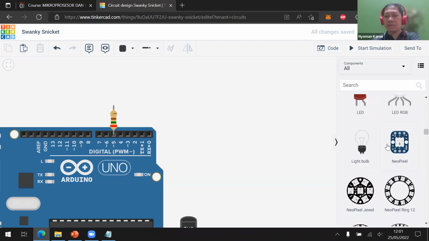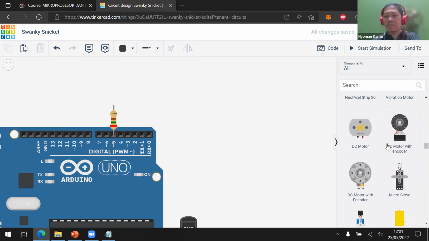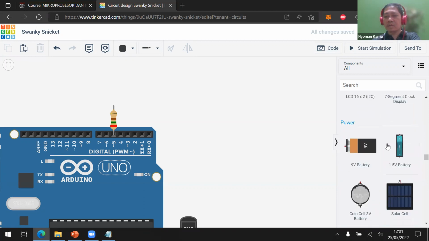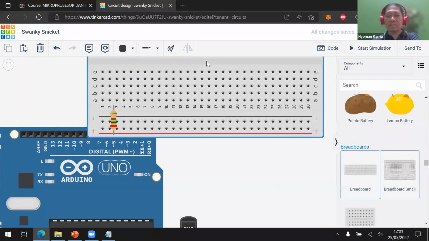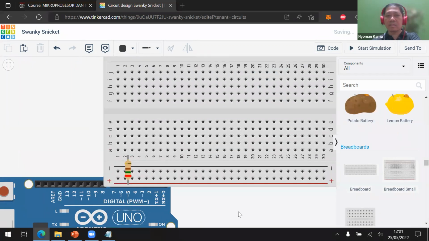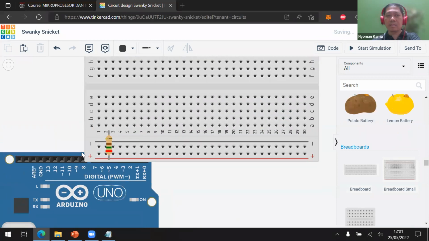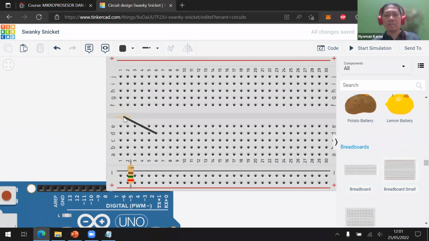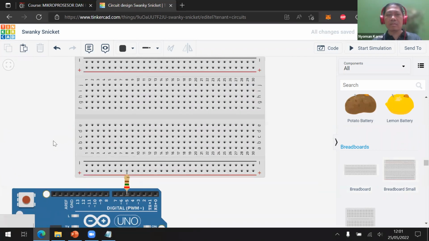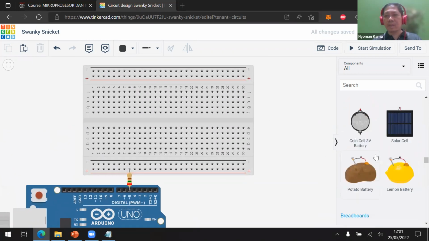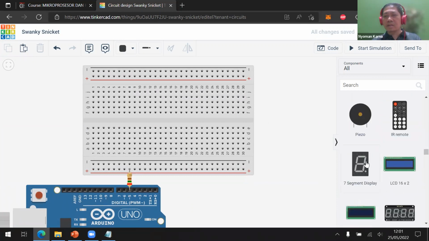And also I'm going to need the breadboard. Okay, just a small breadboard. And then the 7 segment.